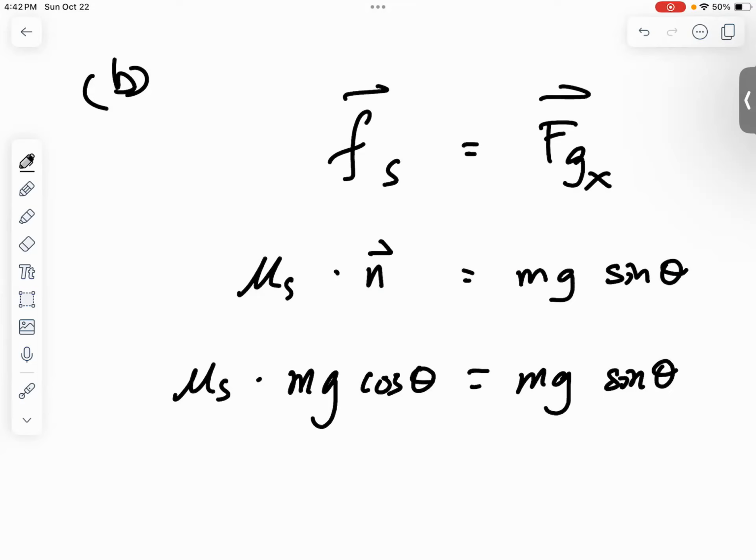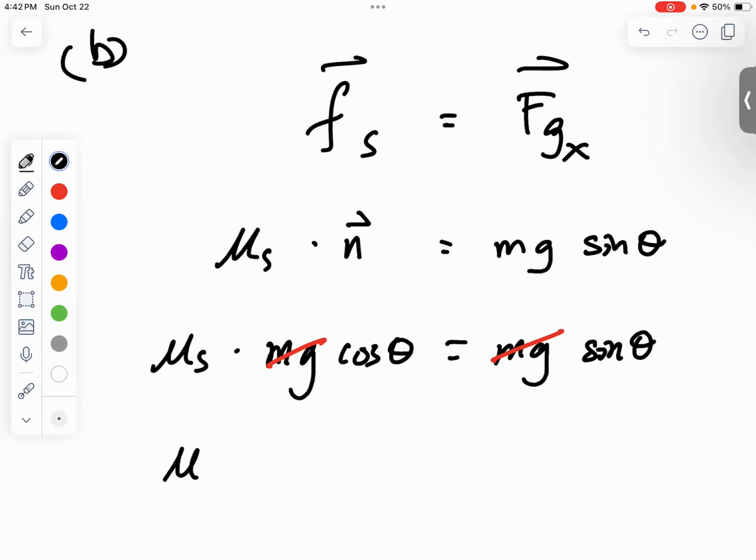Can you see something that can be canceled out? mg, all right? mg is duplicated, you have mg on both sides, so please go ahead and eliminate it. So we have mu times cosine theta is equal to sine theta.